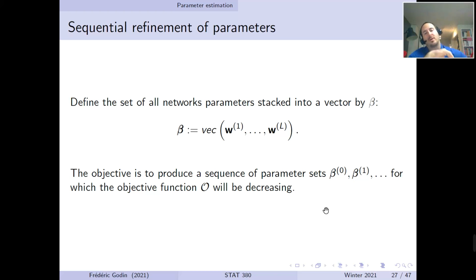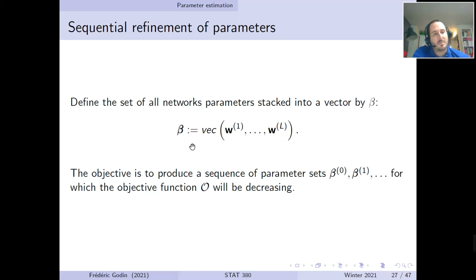What we're going to do next is to define beta as a vector which stacks each of the parameters of the neural network. We have all the matrices of parameters from the neural network, but we can put them one next to the other to form a very large vector of parameters that we shall call beta.